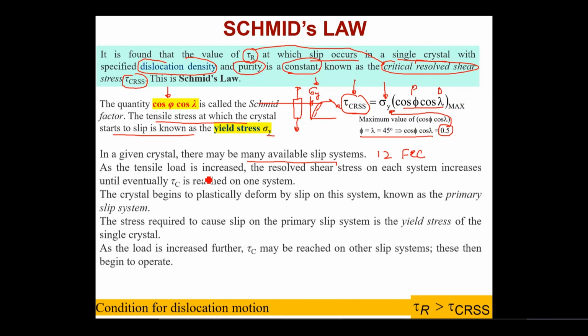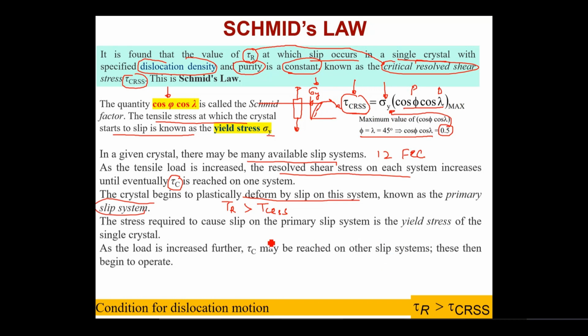As the load is increased, the resolved shear stress on each system would increase, and eventually the resolved shear stress would reach the critical resolved value, maybe on one of the systems. The earliest that the resolved value goes beyond the critical resolved shear stress on any one of the slip systems, this would be the primary slip system.